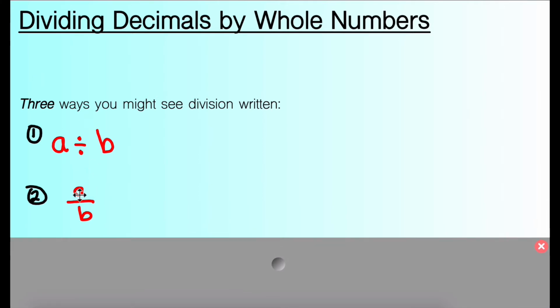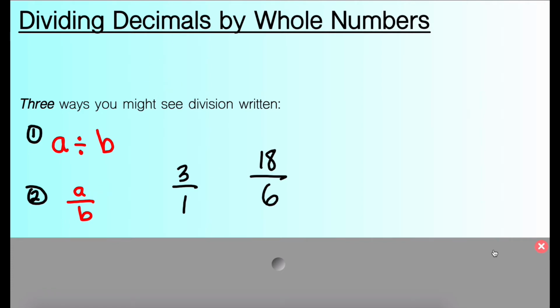But if you see something written like this, it could also mean division. So if I had, let's say we had 3 over 1, that could also mean 3 divided by 1. If I had 18 over 6, that could mean 18 divided by 6. So although that looks like a fraction, that could also be written out as division.